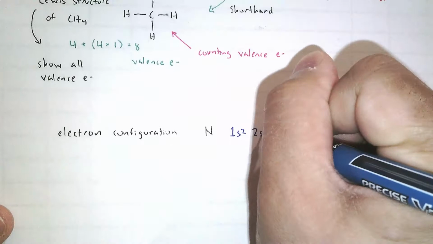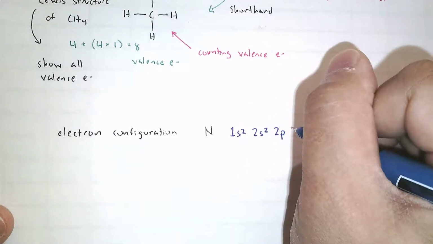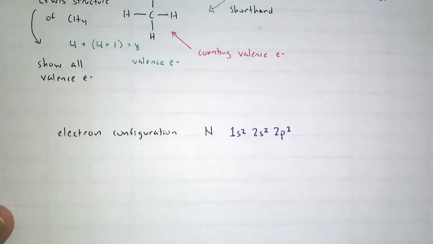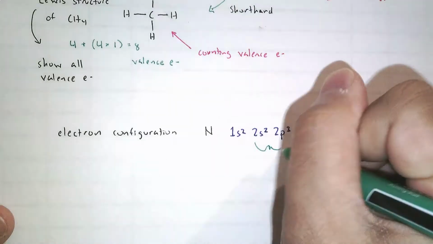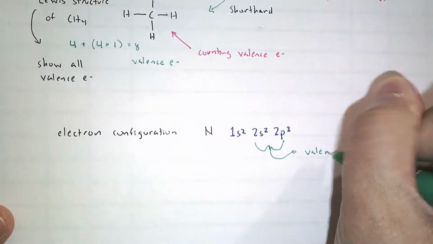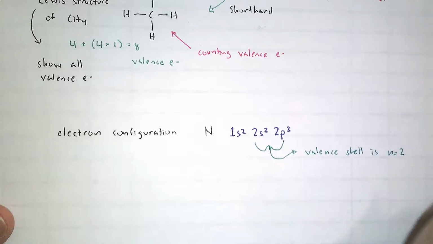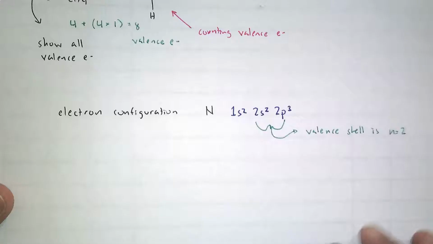1s2, 2s2, 2p3. Your valence shell is n equals 2, and you just count how many electrons are in the valence shell.